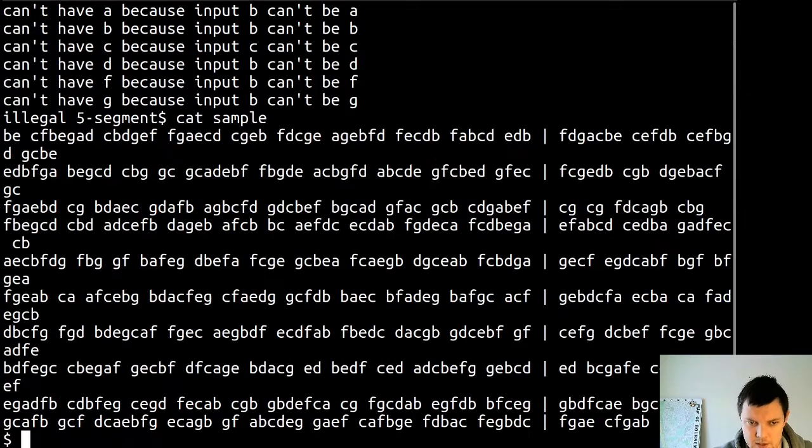Well, we've had CBD, GEF in the input and CEFDB in the output. So the only difference is that one extra segment is on in a 6 segment versus a 5 segment. So which cases could that be?